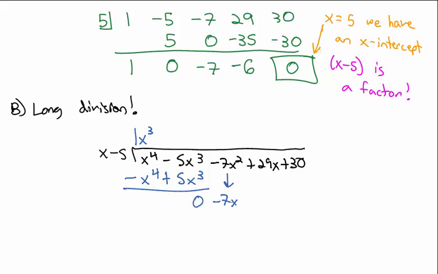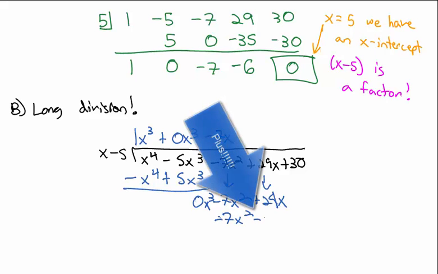Bring down negative 7x squared. X goes into 0x cubed, 0 times. Multiplying by 0 is not going to do anything, so let's just move down the next term, plus 29x. X goes into negative 7x squared, negative 7x times. Multiplying out front, we got negative 7x squared minus 35x.